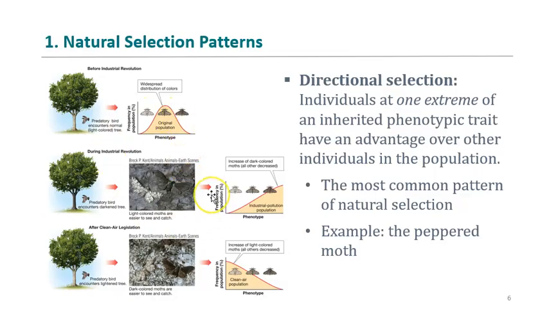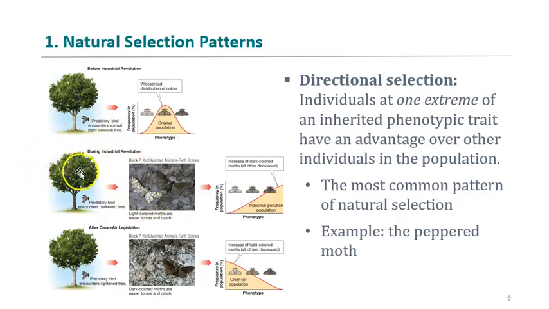We've also talked about the peppered moth example, and we saw that these moths like to attach to tree bark, and some of them are camouflaged depending upon their pigments.